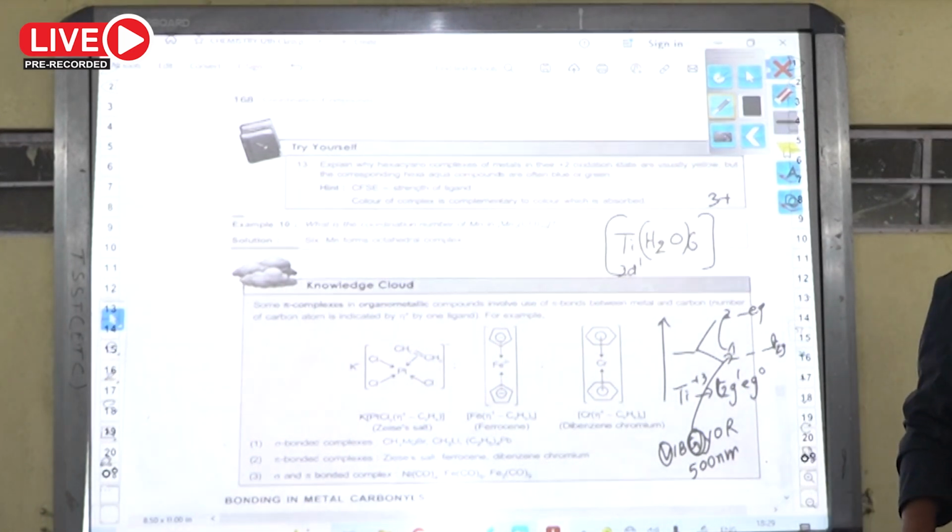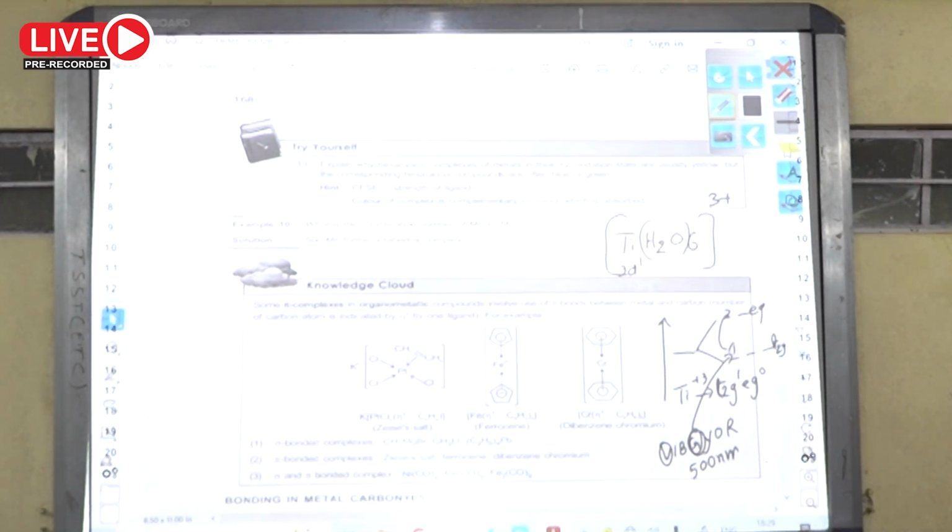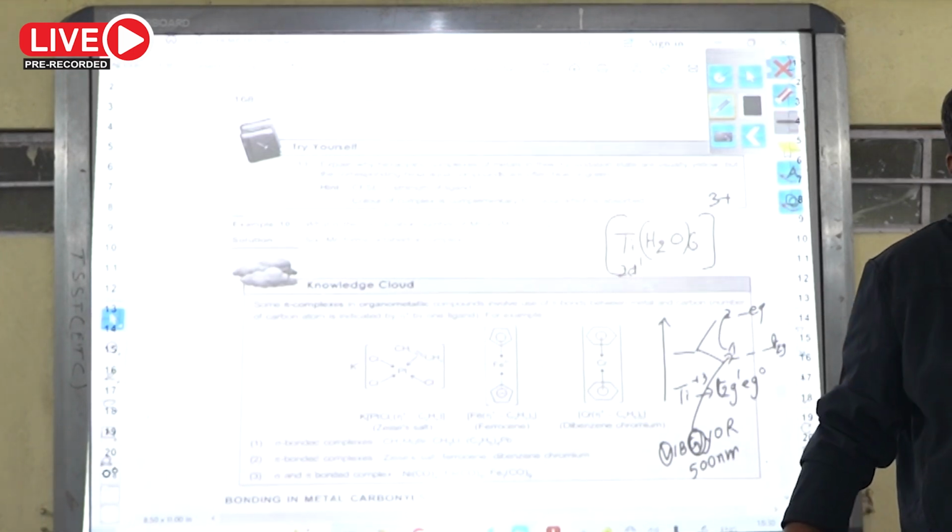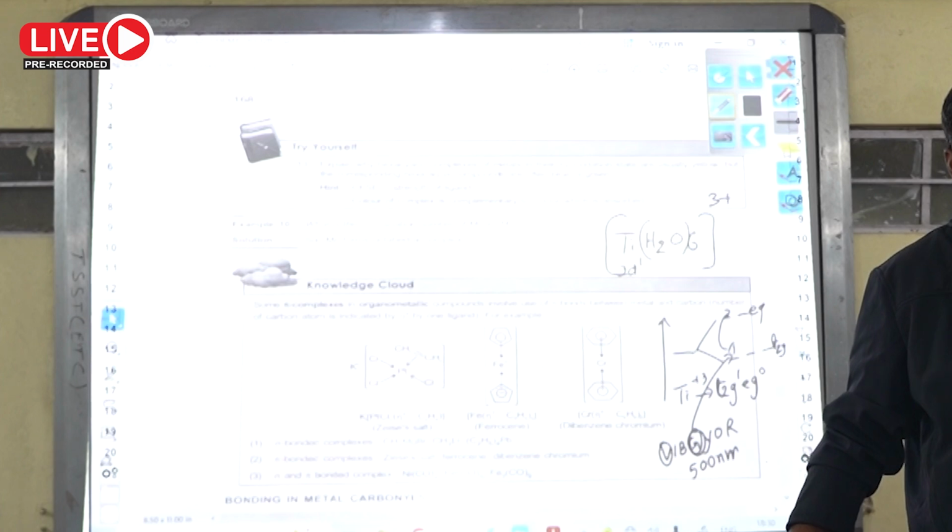Violet light is the most energetic light in the visible spectrum. Red light is the least energetic. Because violet light has a lambda of 380 nanometers, red light has a wavelength of 760 nanometers. Wavelength and frequency are inversely proportional. When wavelength is less, frequency is more. When frequency is more, energy is more.